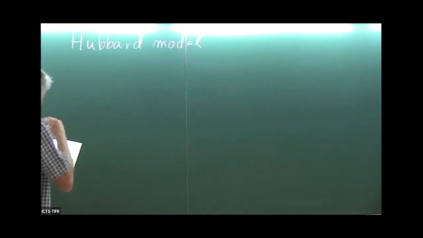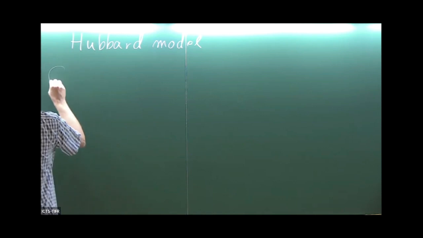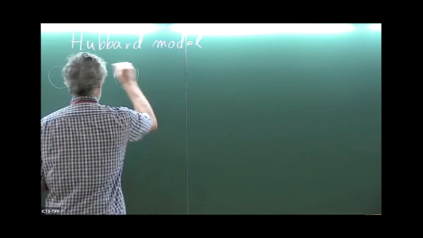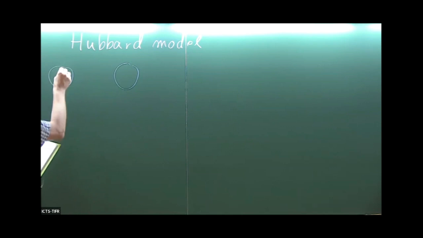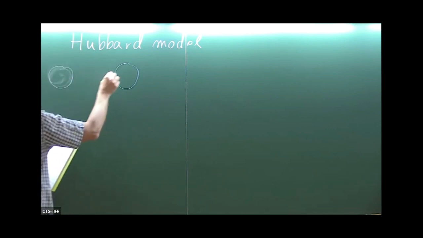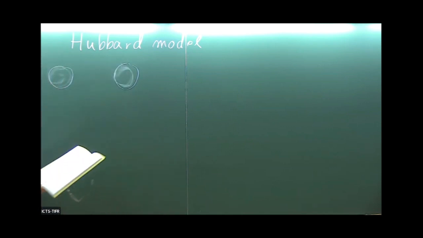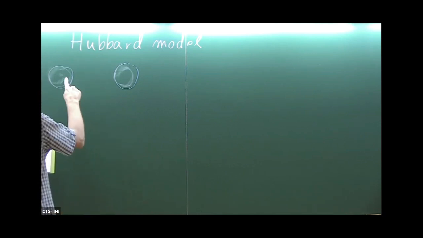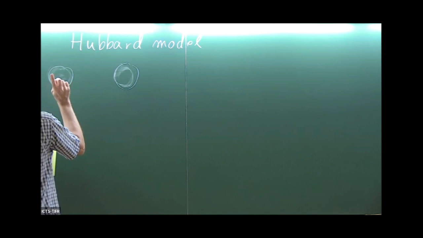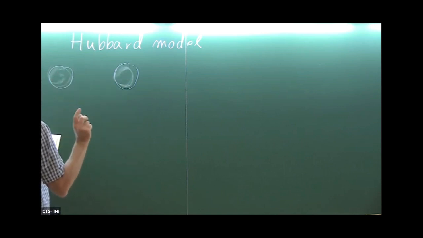So what is the Hubbard model? We have two sites, and we have some orbitals on these two sites. It can be s orbitals, or p orbitals, or d orbitals, whatever you wish. And there's only a single orbital per site.